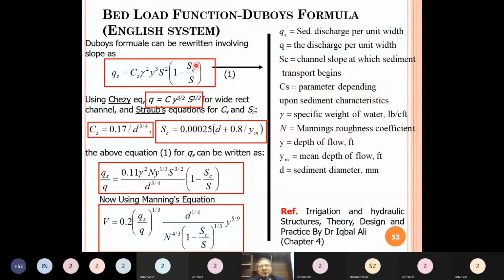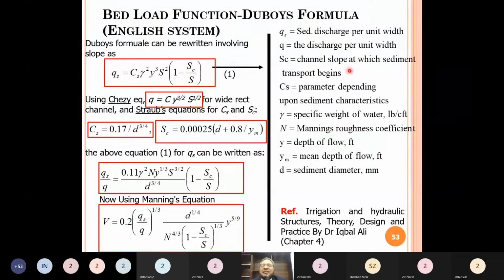That was the slope to achieve critical flow, that is, minimum specific energy for the given discharge per unit width, or maximum discharge per unit width for the given specific energy. That was something else. This is the critical slope with reference to sediment transport.